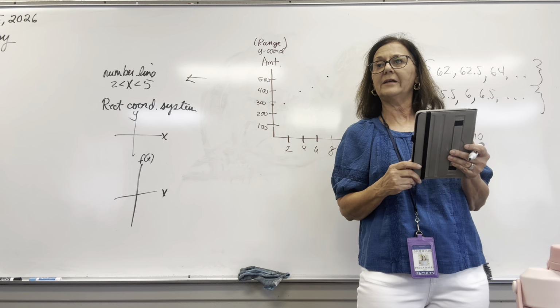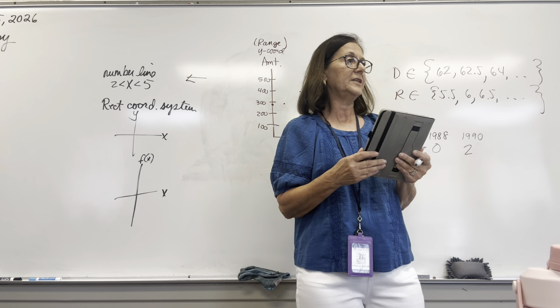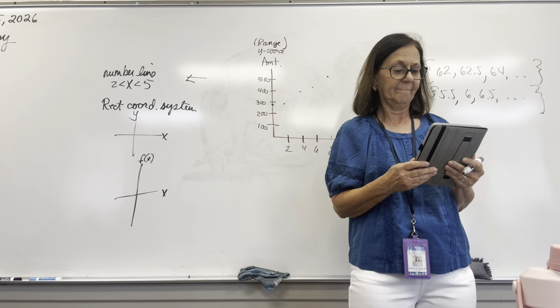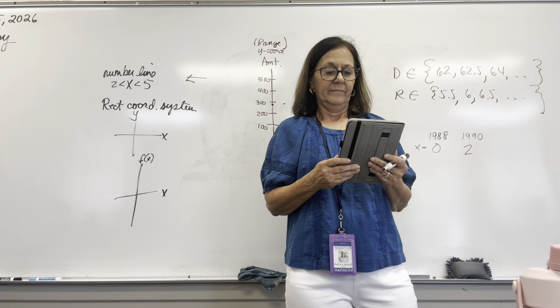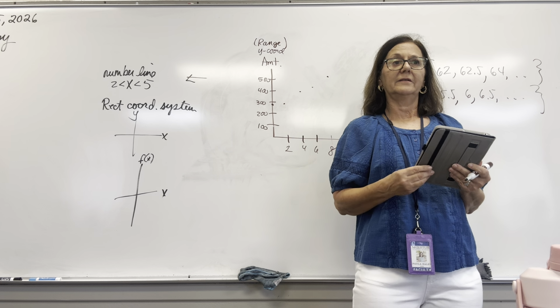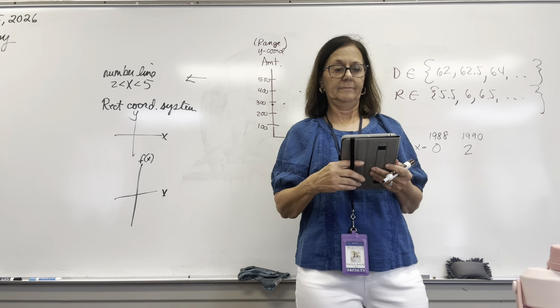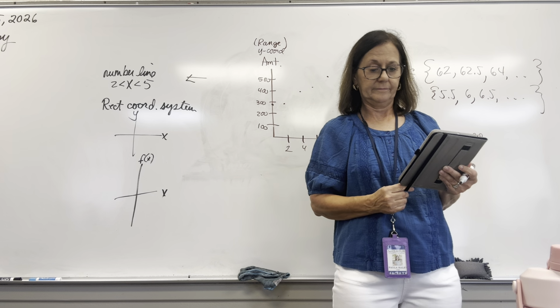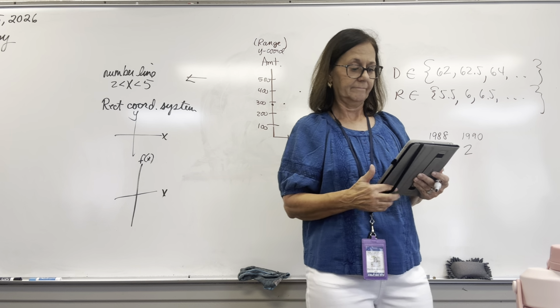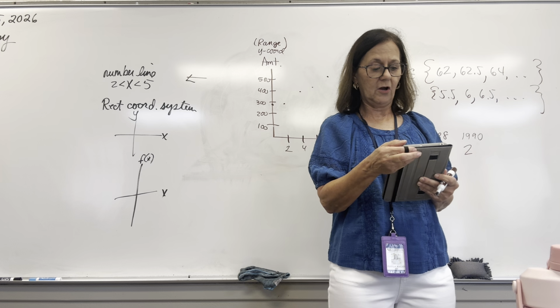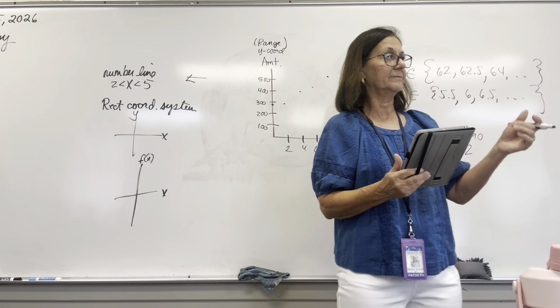Y'all see that? 0, 1, 4, 9. What would the range be? Somebody tell me the range. All right, I'm going to start calling on you. Jonathan, what's the range?